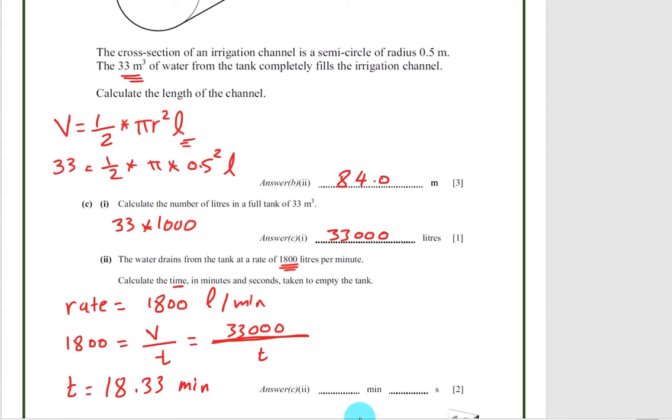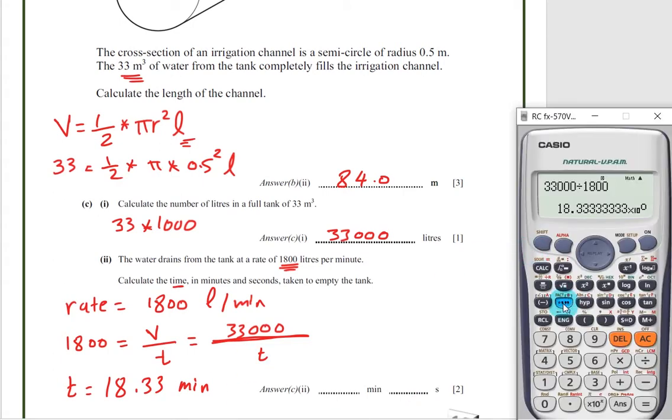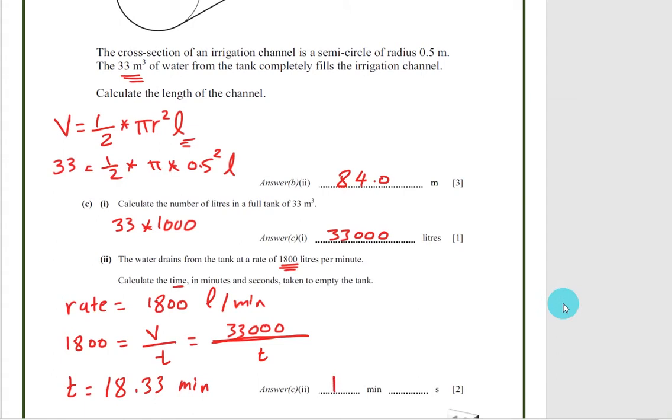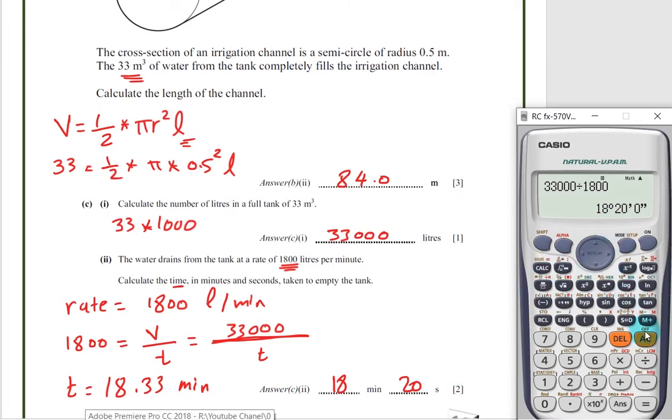How to change it into minutes and seconds? 18 minutes and 20 seconds. Or another way to find the 20 is 0.33 minutes multiplied by 60, which gives us 19.8, which is 20 seconds.